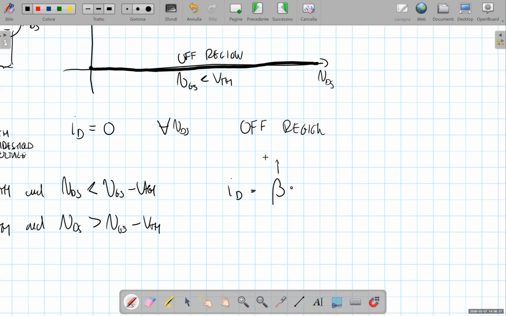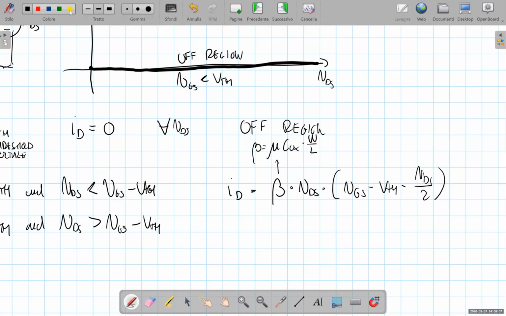Beta can be written as mu times the per unit area capacitance of the gate oxide times the aspect ratio W over L of the gate area. All these, mu and Cox, are technology related, and W over L is a design parameter, times the drain source voltage times VGS minus VTH minus VDS divided by 2.